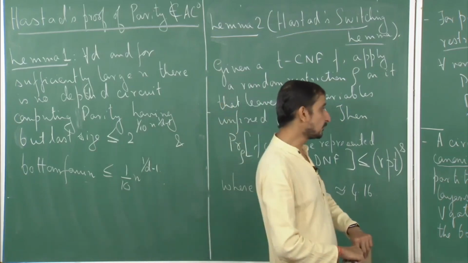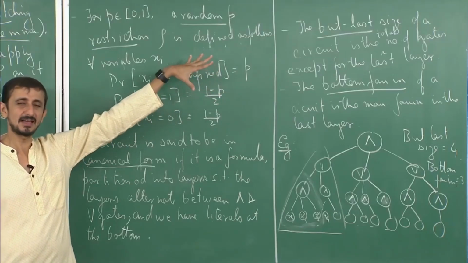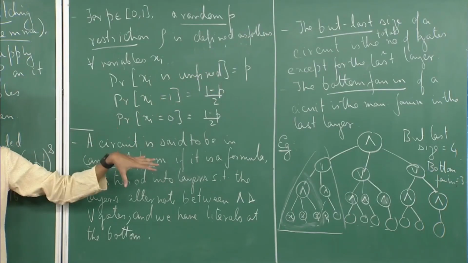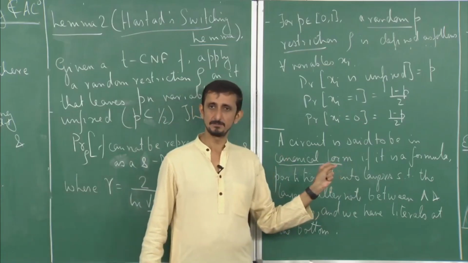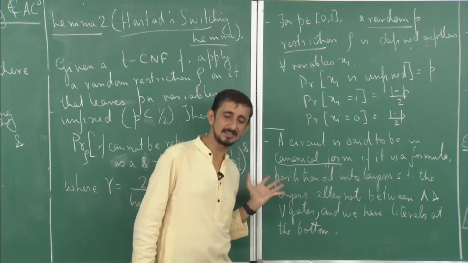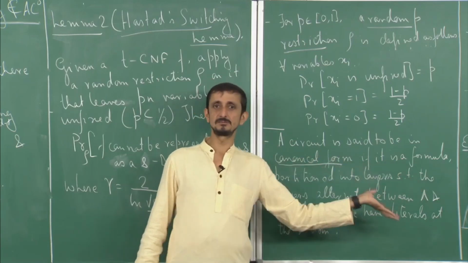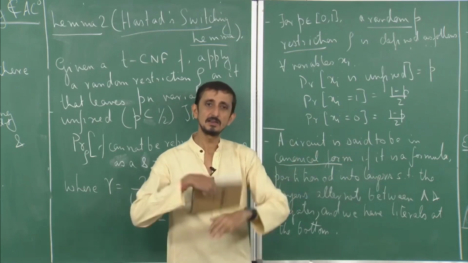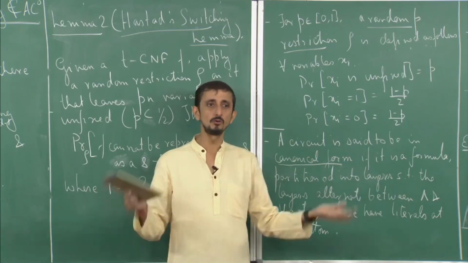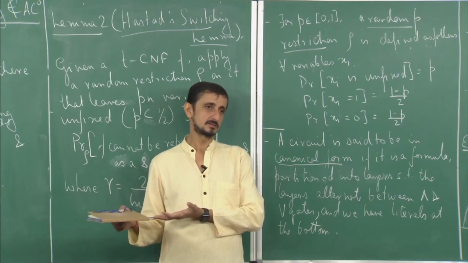That would depend on our choice of P. Our P will actually be quite small. So, in each level we will be just fixing a small number of variables, and we will show that there are still a lot of unfixed variables left, and this smaller depth circuit is still computing the parity of all those remaining variables.